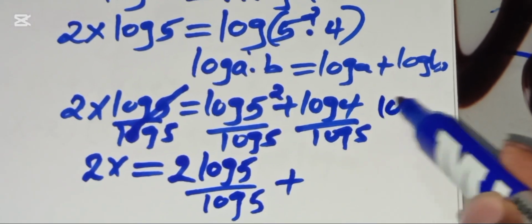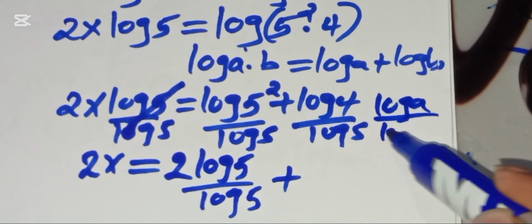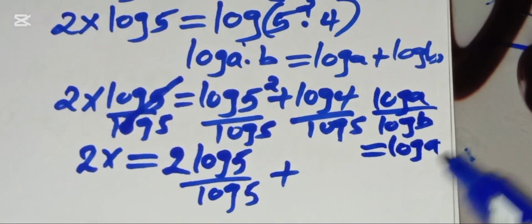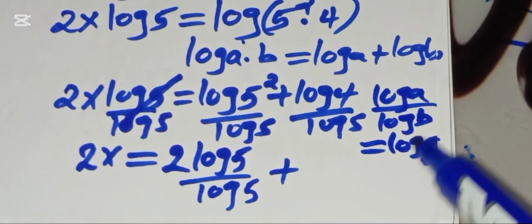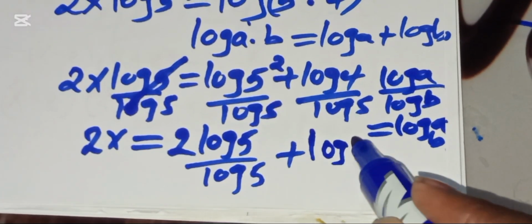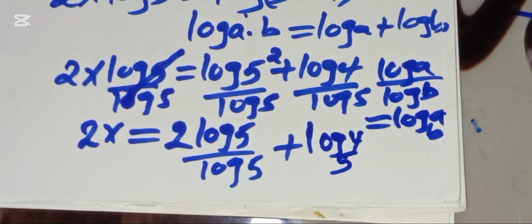This is in the form of log a divided by log b, which we can express as log a to base b. So let's apply this property so that we'll have log 4 to base 5.